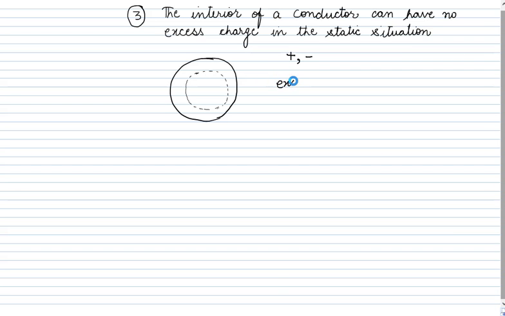Whatever is the excess charge on any conductor, if we charge a conductor, that charge resides on the surface. It is present only at the surface. So we conclude that if we give any extra charge to the conductor, that extra charge always resides only on the surface.